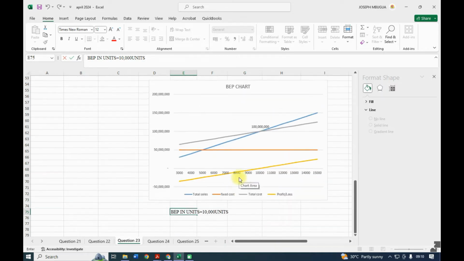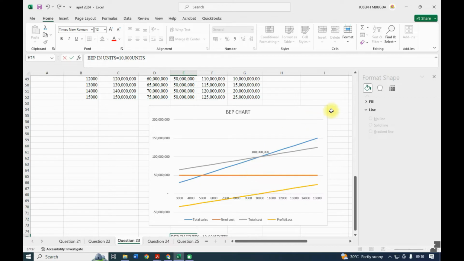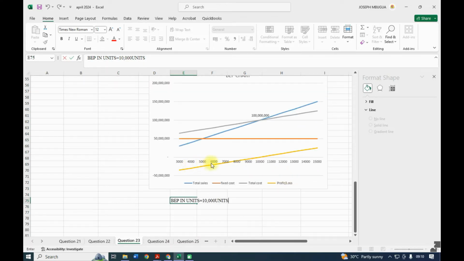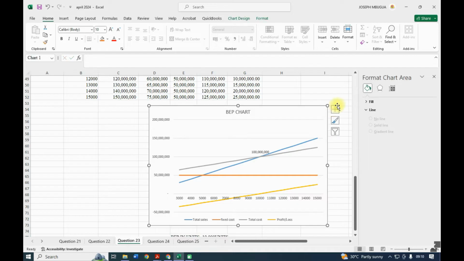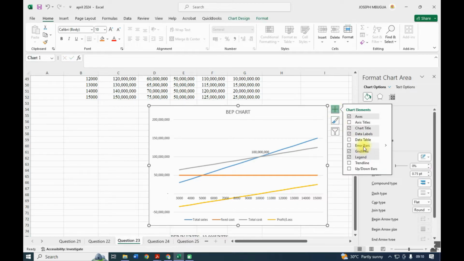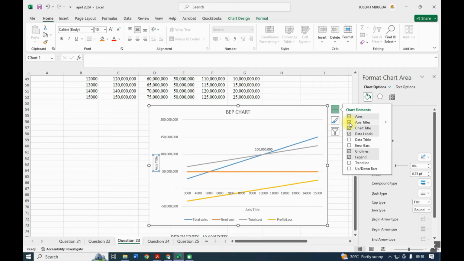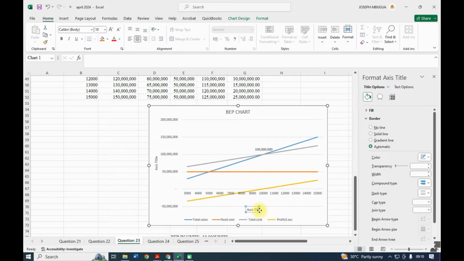And you can decide to have the axis title. If I can show, here is the units that we have. We can have the axis title. So these are total revenue, total costs, and this one is the number of units, and here is the value, total cost and total revenue.